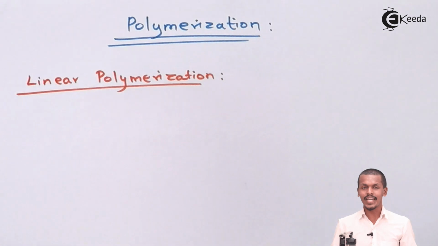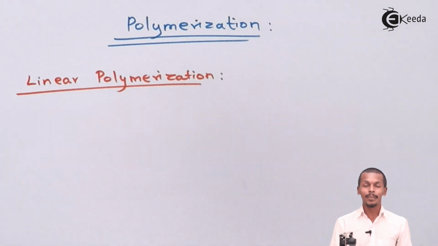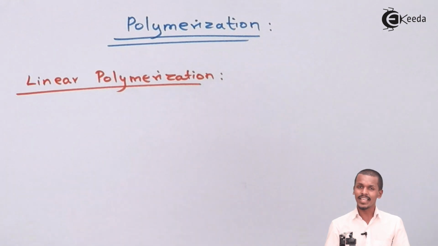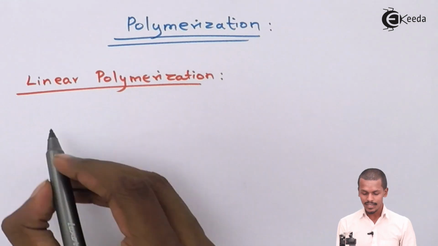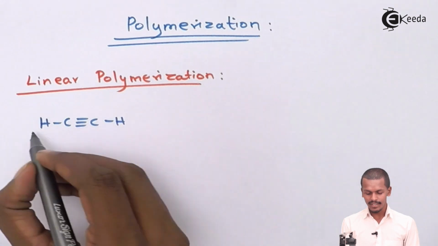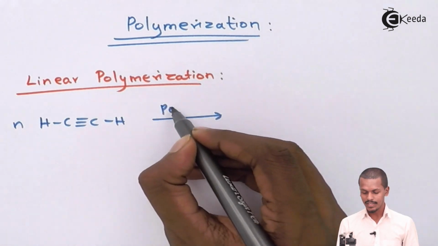It is very simple to understand. This is a kind of polymerization that makes the molecules form a linear chain polymer, and that is why it is called linear polymerization. Suppose we are using n moles of ethyne and we do a polymerization process.